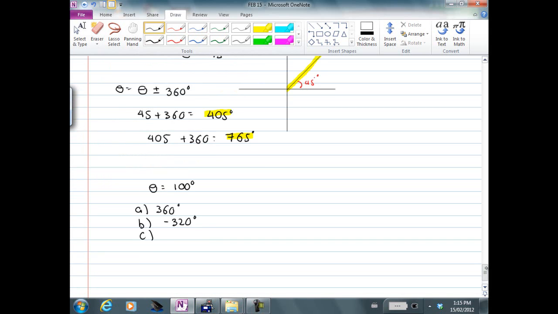C, negative 400 degrees. D, 820 degrees. They're going to say which one of these is coterminal to theta. That's the exact wording they're going to say on the exam. Okay. Remember, coterminal means you can have an infinite amount of answers, but one of these is coterminal to 100.